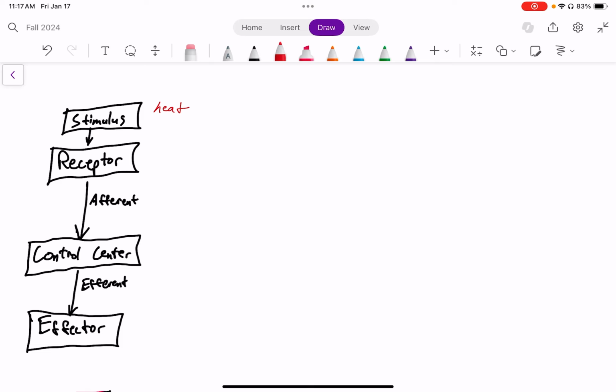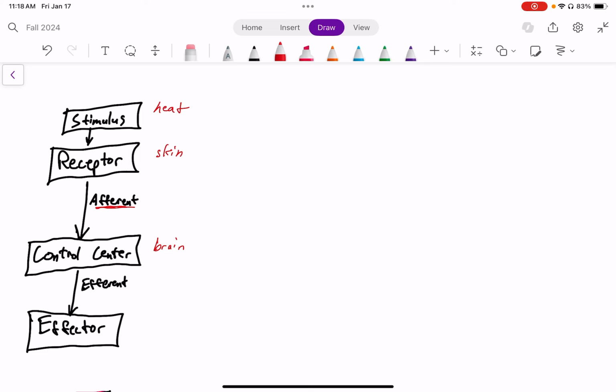And what happens is receptors in our skin detect that heat and then send a signal to the control center, which would be our brain. And that pathway between the receptors and the control center is called an afferent pathway. Then the control center is where the set point is stored.